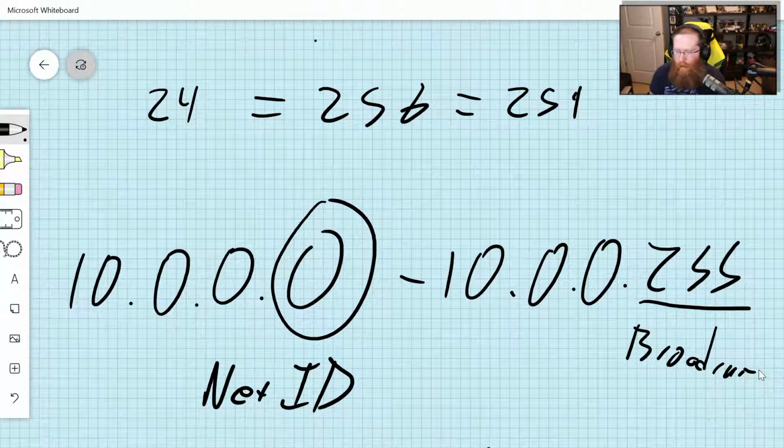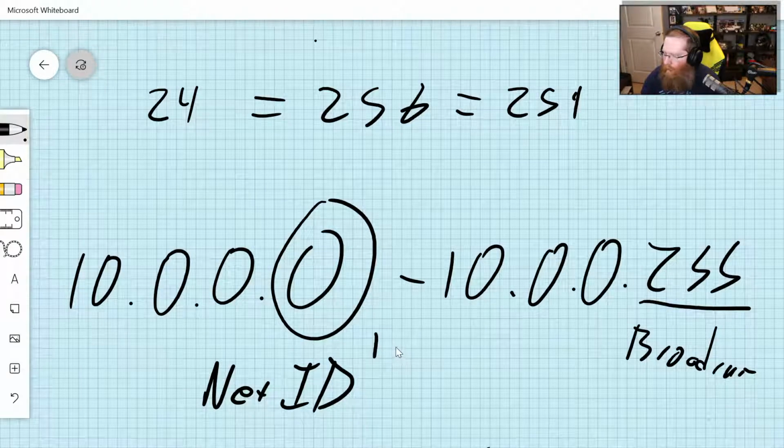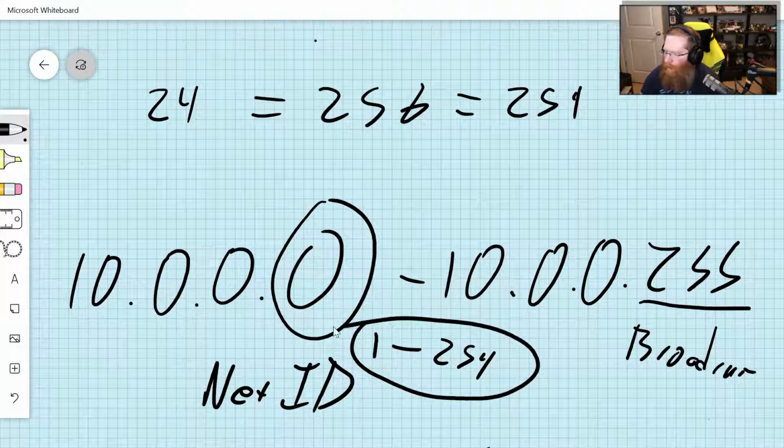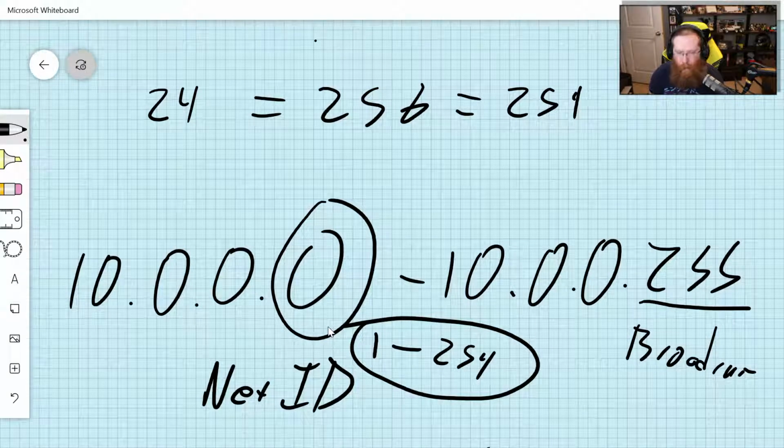Okay. So, how do I know if a number is available in there? Anywhere between those two numbers. So 0 is not usable because that's our network ID. That's how we identify what network we're on. 255 is a number that represents that we are allowed to talk. If we talk to 255, we're able to talk to every single IP address in the network.